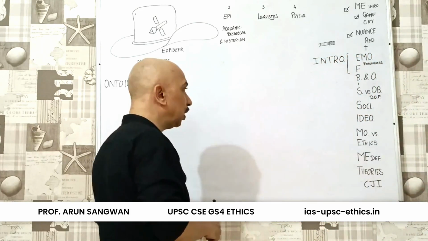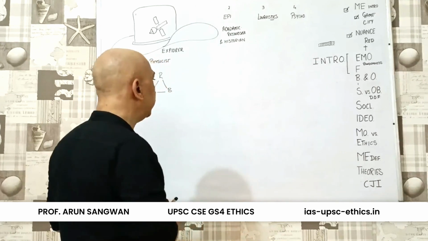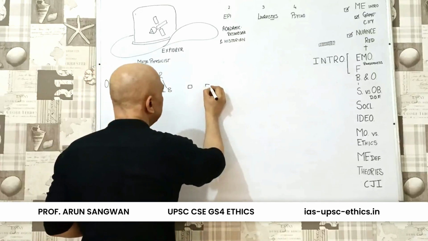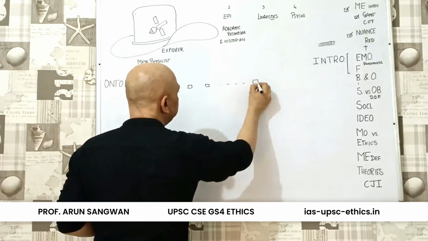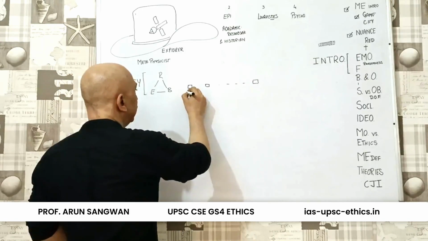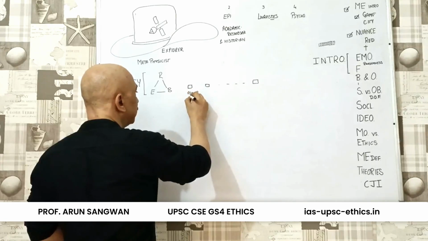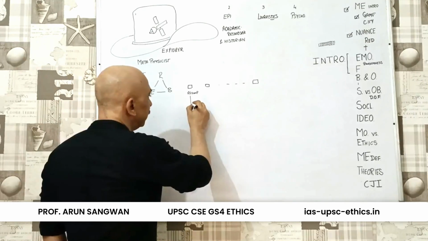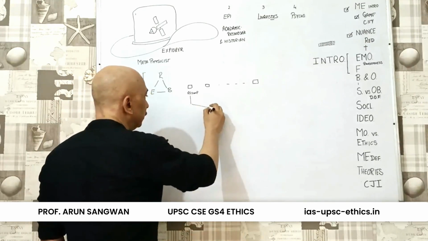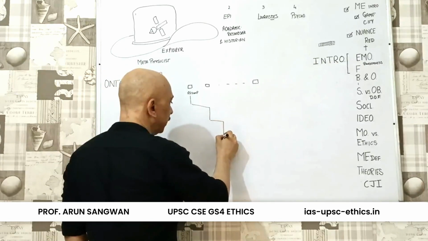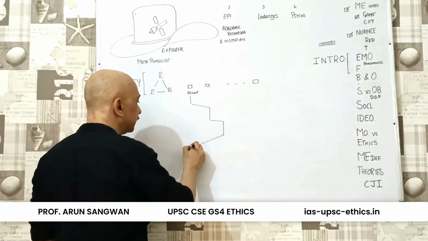Okay? If you're not clear, I'll give you a typical example. You'll start from one theory. Let's say these are 20 theories. Just for an example, you start with the basic assumption of this theory, get into this theory, proceed with the logic here, get into this one, proceed with the logic here, and give the conclusion here.